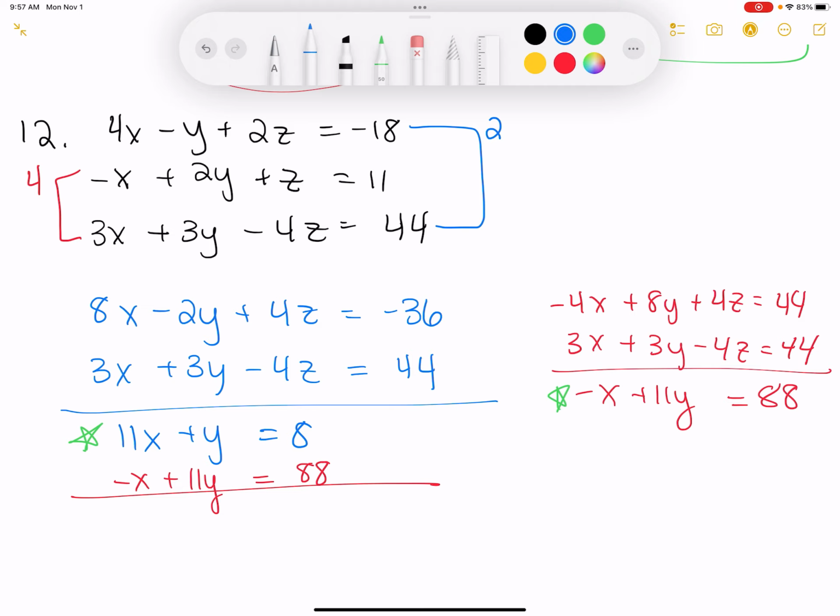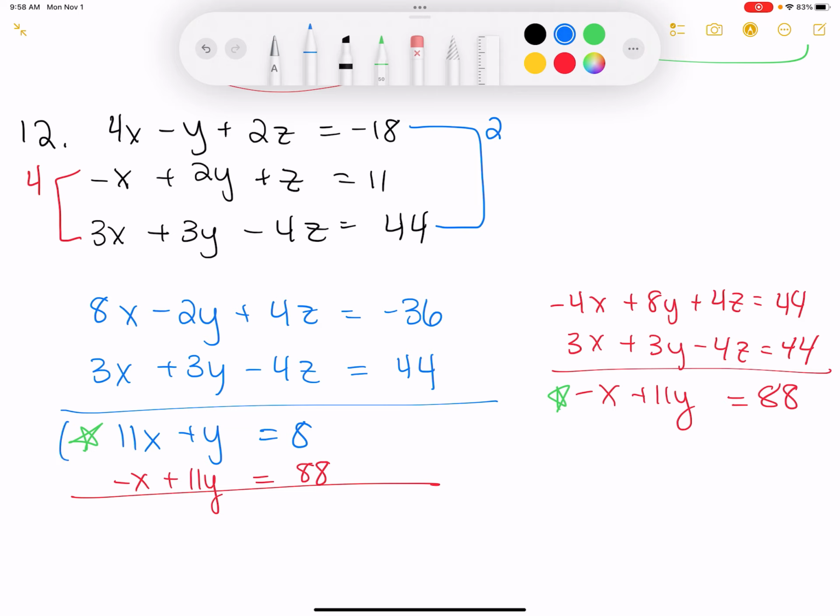Also, when you do this, despite the fact that you have a variable that's already positive and one that's already negative, I'd be very cautious in choosing the one that's already negative, because if you multiply that equation, you're going to end up with a really, really big number. We'll just multiply the top by negative 11. I think that would make a little more sense.